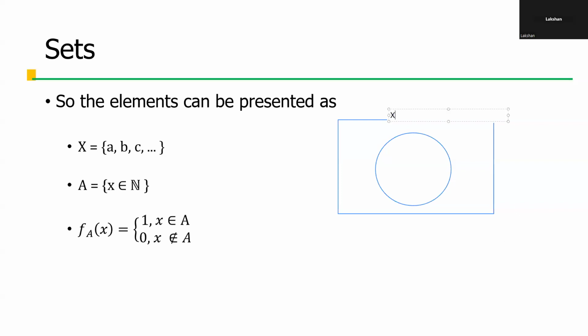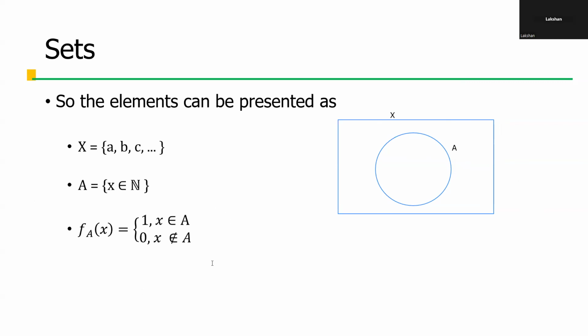So this is X and this is A. That is how we denote these two sets: the universal set and the subset A.